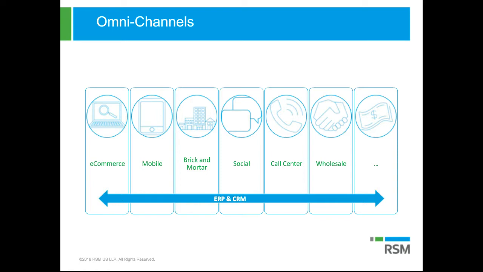An example being if we're talking about an e-commerce experience and mobile drawing from the same ERP and leveraging the same CRM to keep track of our clients would allow me really from anywhere to have an understanding of what I'm buying.